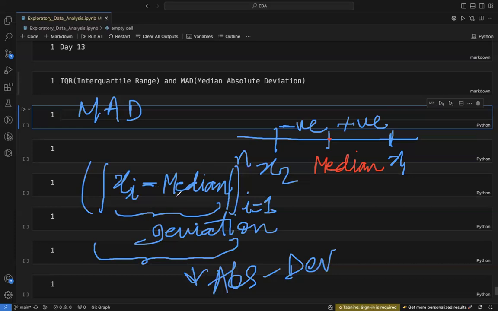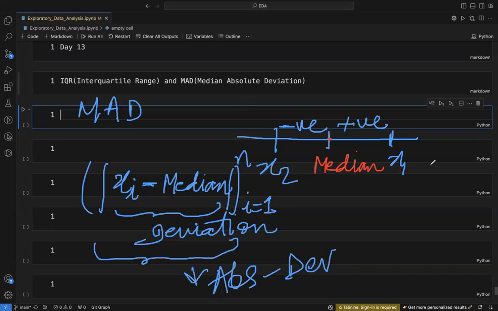Both positive and negative values are there, and what I care about is the distance: how far are these points from the median? I don't care about the sign. After taking all of them, I compute the median of that.